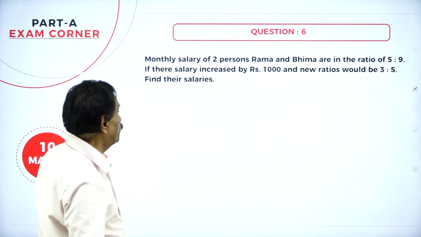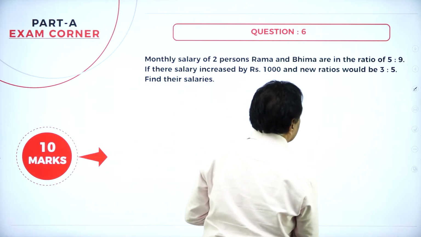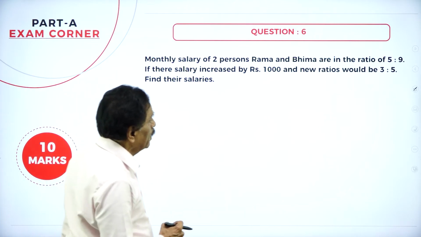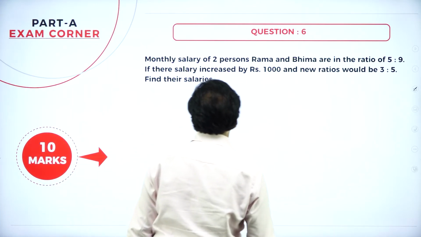The monthly salaries of two persons, Rama and Bhima, are in the ratio of 5:9. If their salaries are increased by rupees 1000, the new ratio would be 3:5.